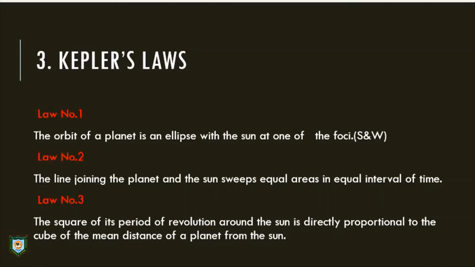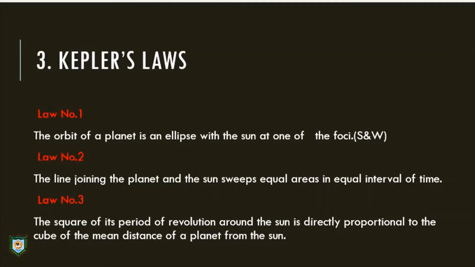And law number three: the square of its period of revolution around the sun. In law number three, we are talking about the square of the period of revolution of any planet that revolves around the sun, which is directly proportional to the cube of the mean distance of the same planet from the sun. Now back to our topic for this particular section, Newton's law of gravitation.